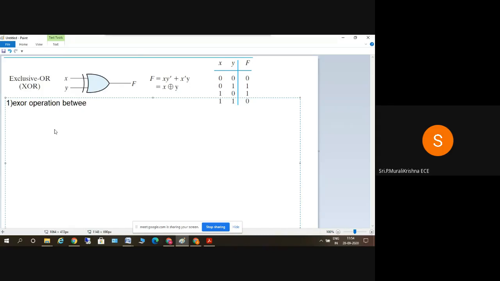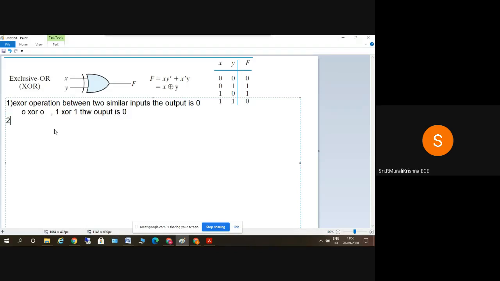XOR operation between two similar inputs, the output is low. So 0 XOR 0, and 1 XOR 1, the output will be low.